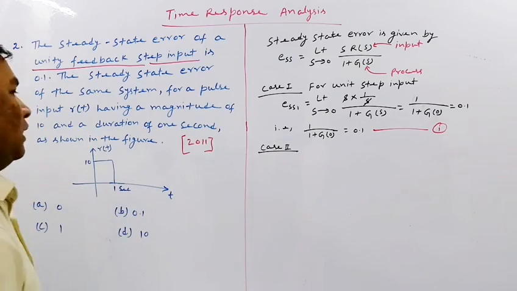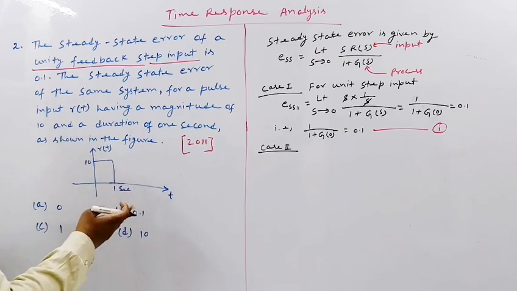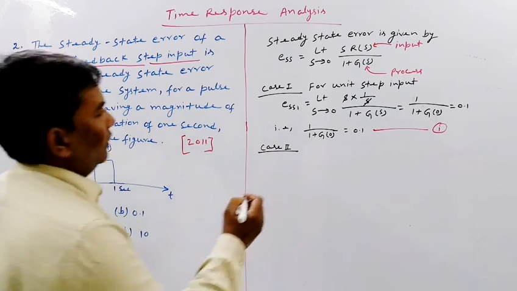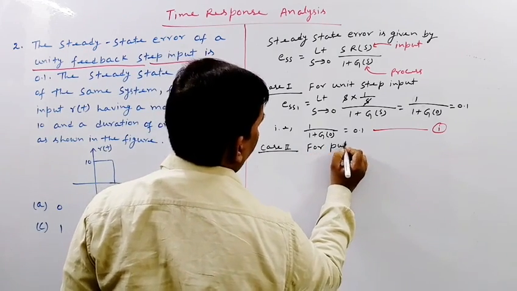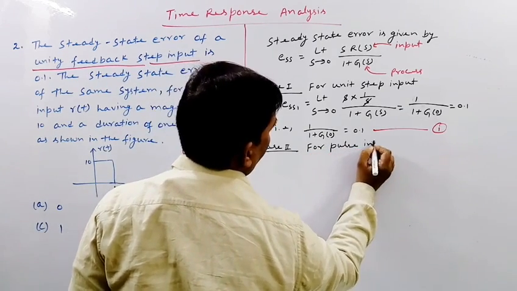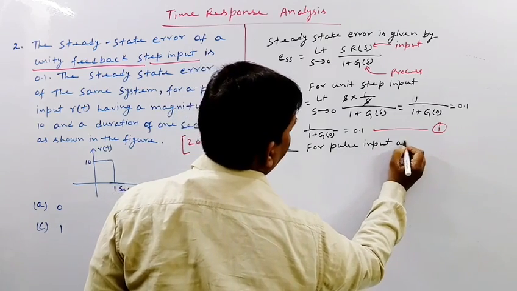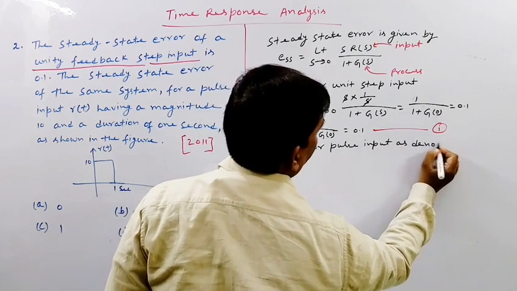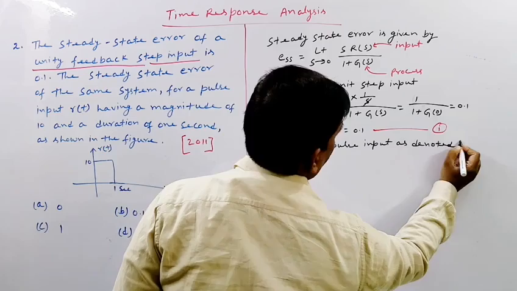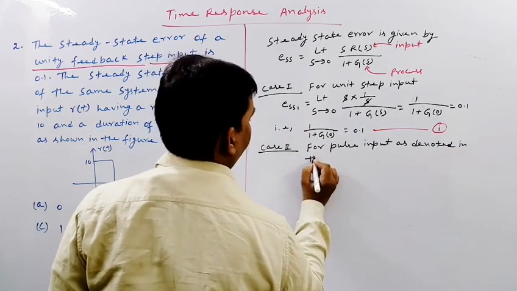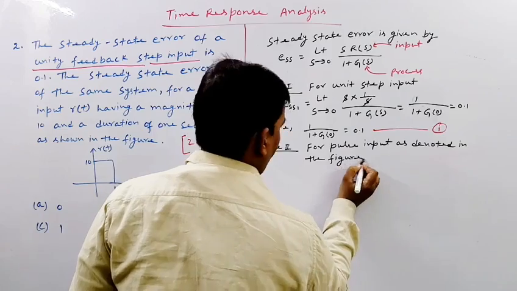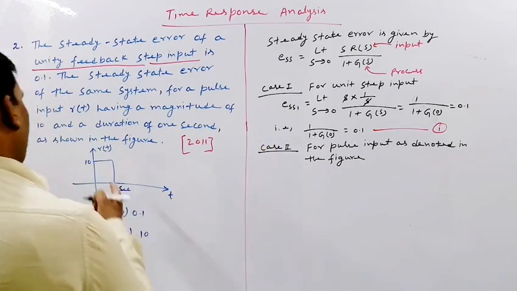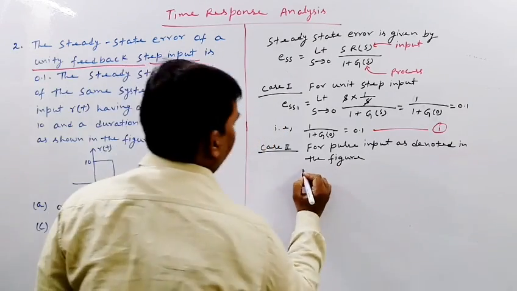When we give the pulse input as denoted in the figure, what will be the formula for this pulse input?